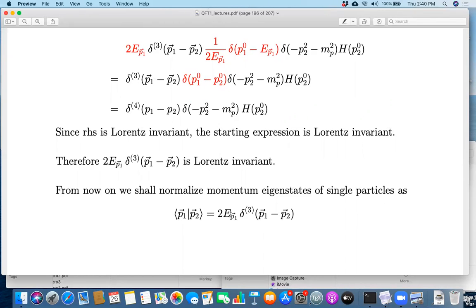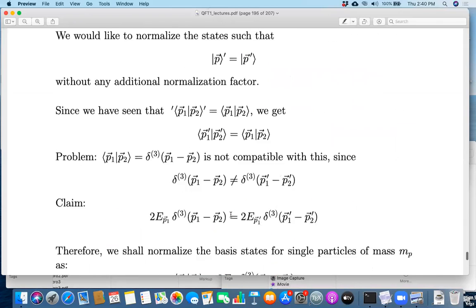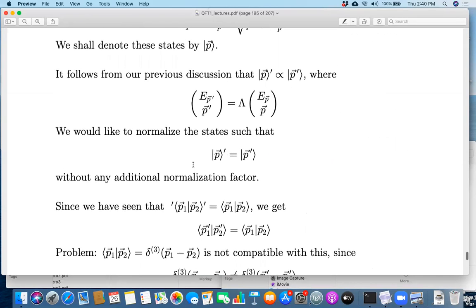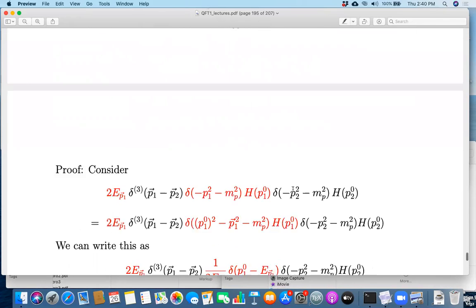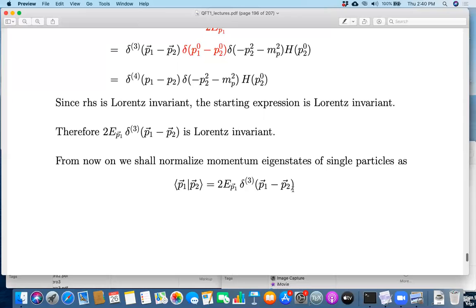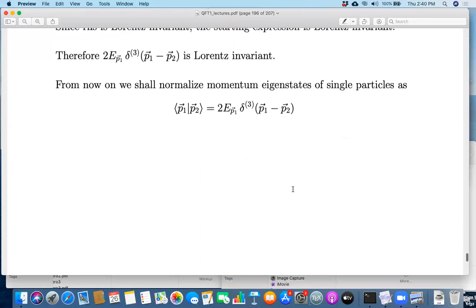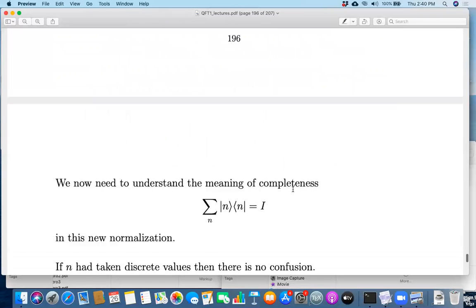This will ensure that we can make use of this relation freely, because we are going to make use of this relation freely in what follows. Are there questions? Okay, so let me proceed.